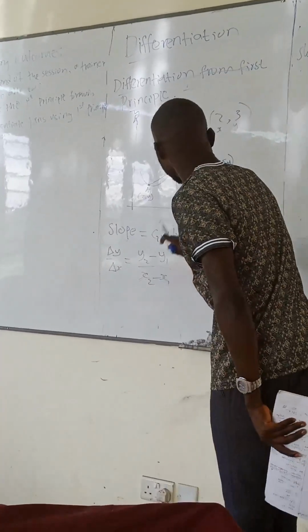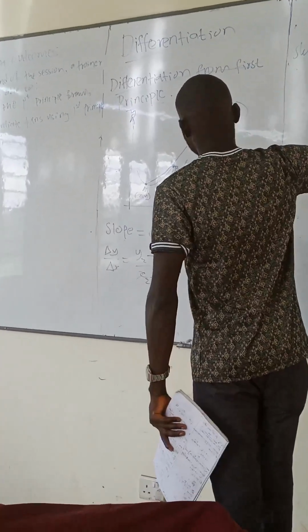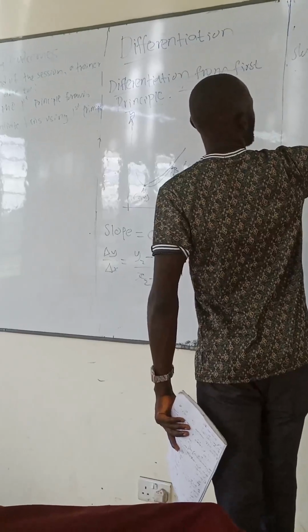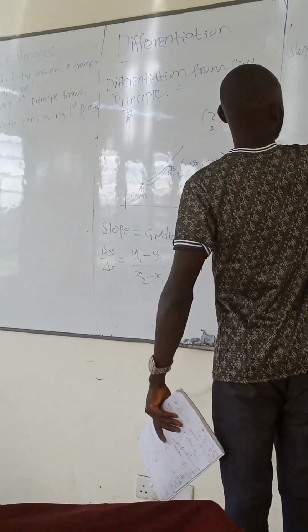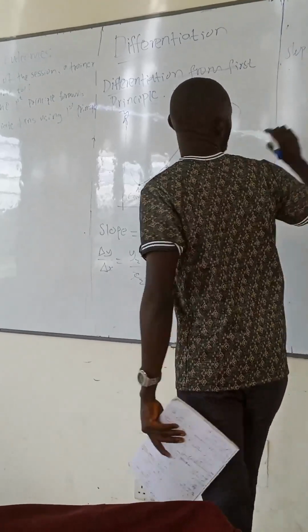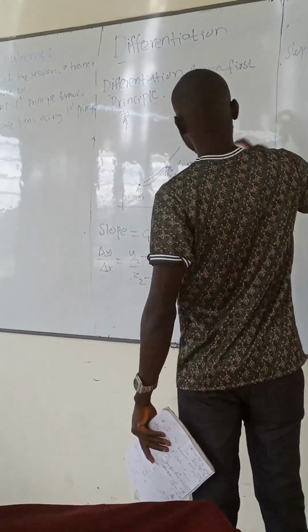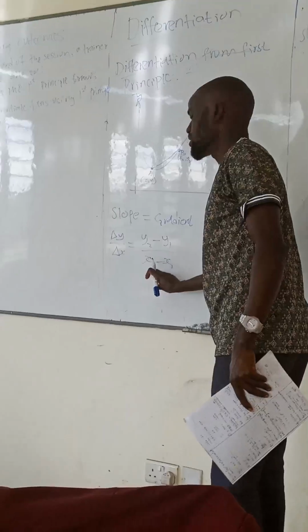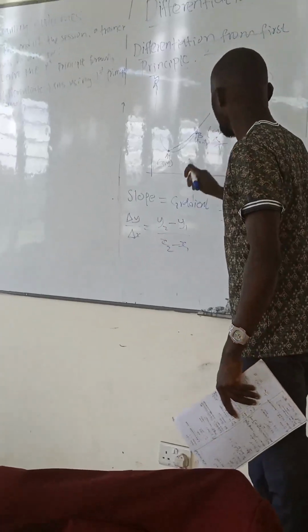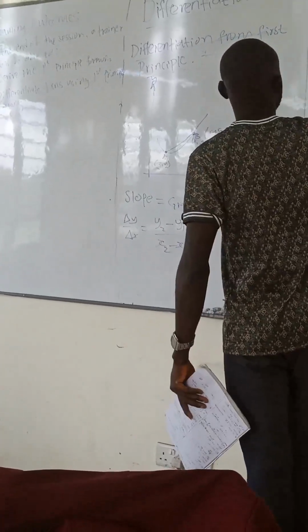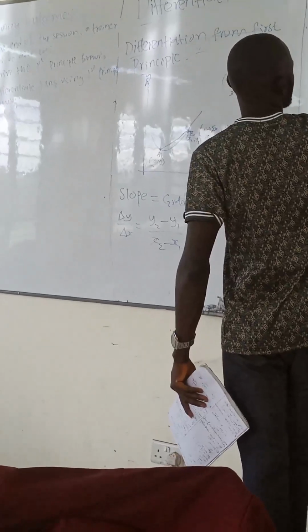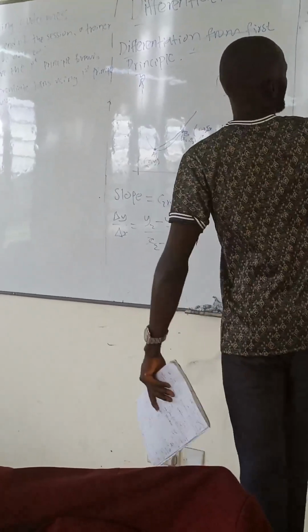We replace y2 with this: y plus change in y, minus y1. We say y1 is y. Over change in x, which is x2 minus x1. This is our x2 and this is our x1: x plus a small change in x, minus x.